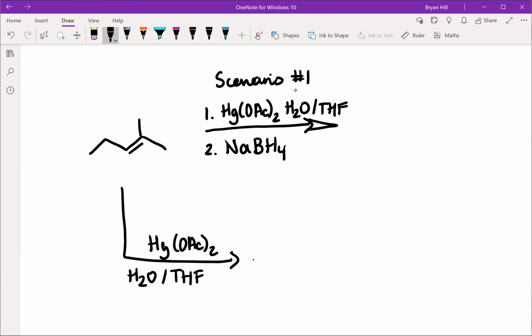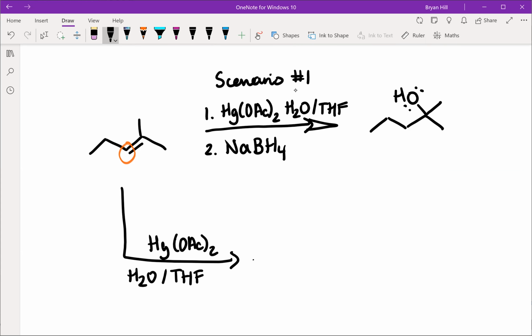So the carbon which has got the proton is going to get the proton. So our final answer would be this, because these are both methyl groups, so it's 2 methyl groups. So that's what this would look like.